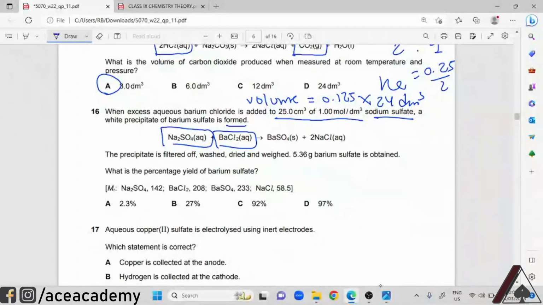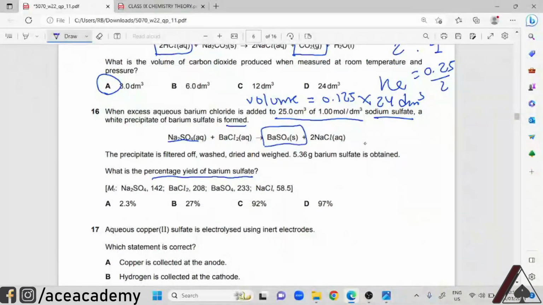So we have to calculate the moles first. They have given us the volume and the concentration of sodium sulfate, and we have been told to find out the percentage yield of barium sulfate.